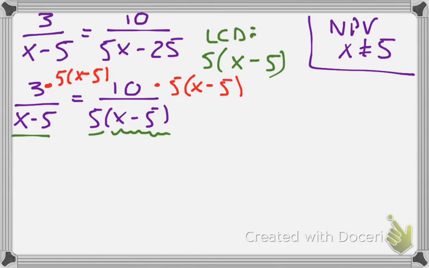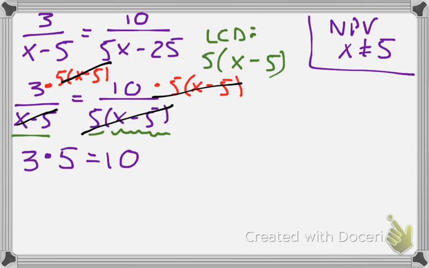Okay, and so what we want to do is not automatically start multiplying this through. We want to see if we can cancel out our denominators. If I look at my first term, my x minus 5s will cancel out. If I look at my second term, the entire thing will cancel out, the 5 multiplied by the x minus 5. On the left side, that leaves us with a 3 times 5. On the right side, that just leaves us with 10.